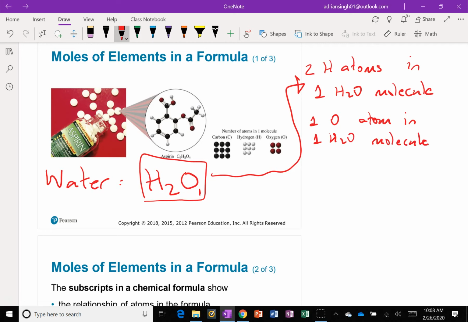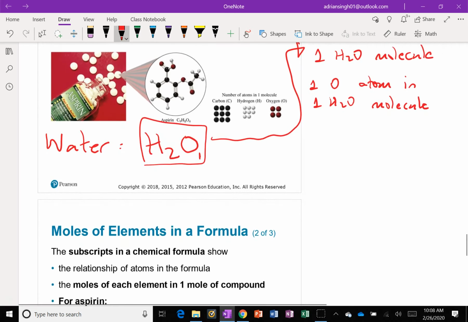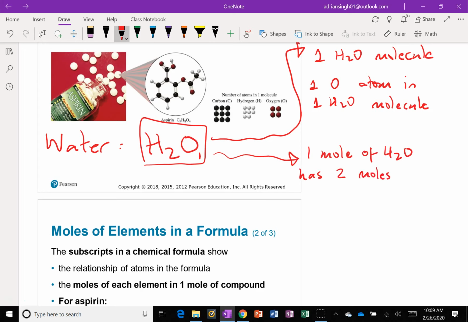But we said we don't deal with individual molecules in the lab, for instance. We deal with huge amounts, so we can take that idea, that ratio, and translate it now to the mole. So we can now say that in 1 mole of H2O, there are 2 moles of hydrogen atoms, right? We just look at the subscripts in the chemical formula.